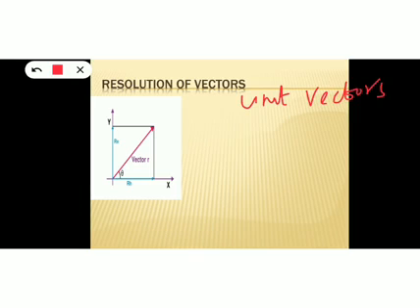A unit vector is a vector of unit magnitude and points in a particular direction. So the magnitude of that unit vector will be 1. And it always points in a particular direction.